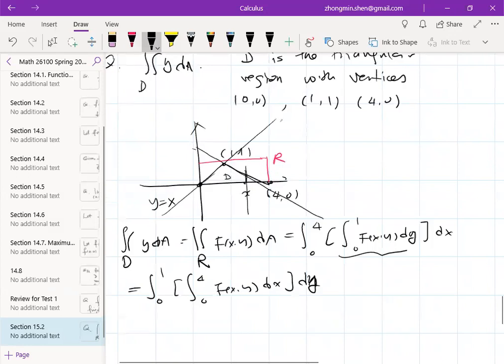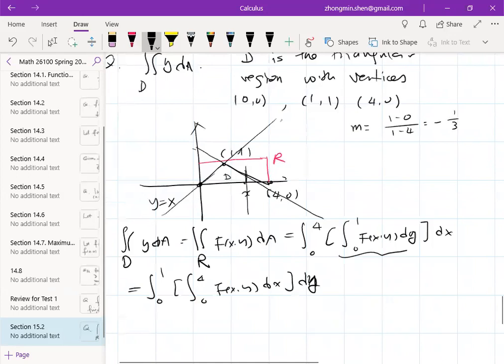The second equation, the slope is negative. We have to do some computation to find the equation. What is the slope? The slope is the difference of the y values over the difference of the x values, which is negative 1/3.